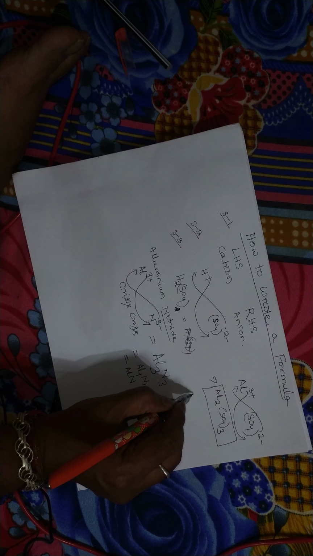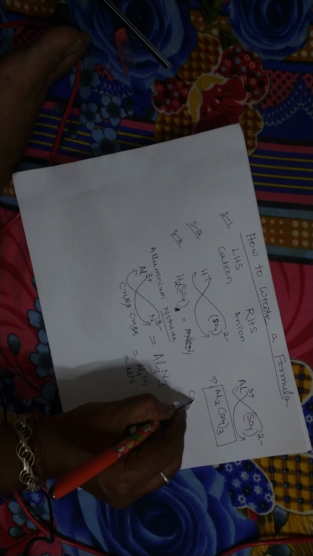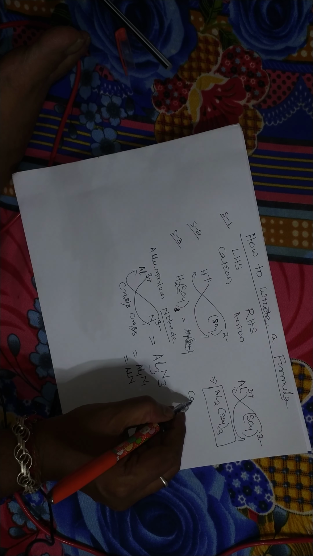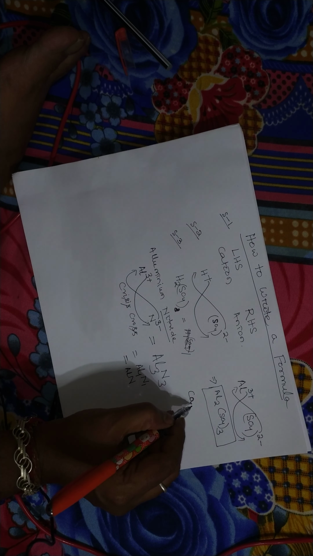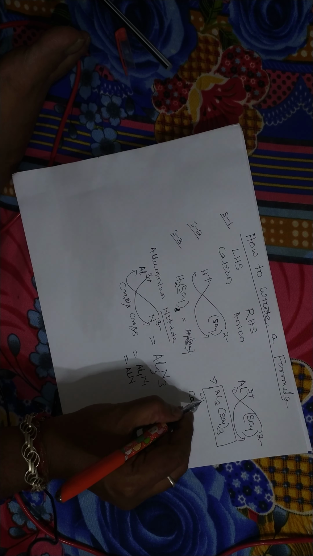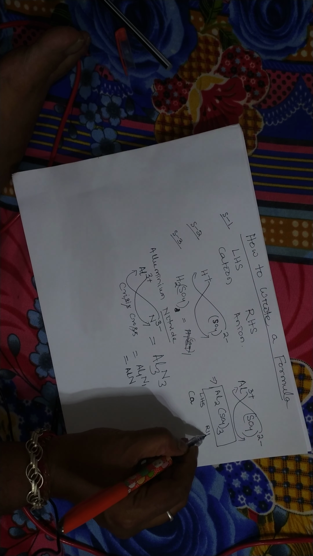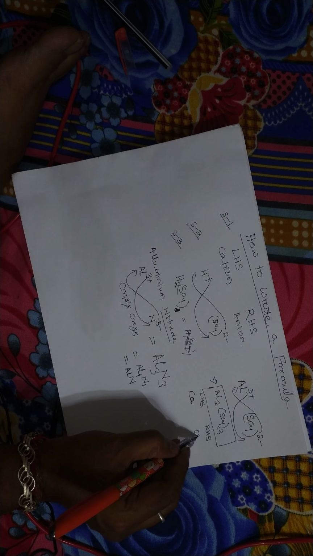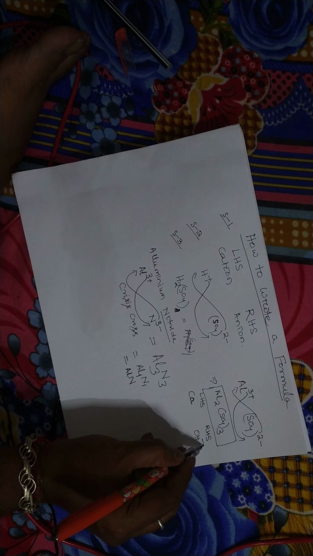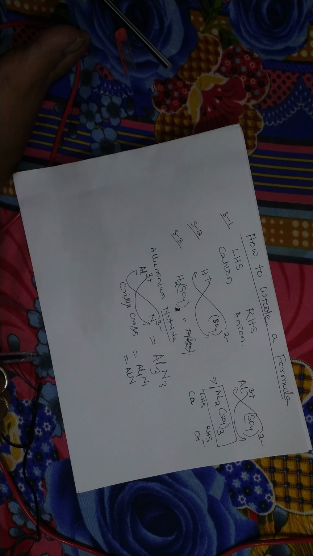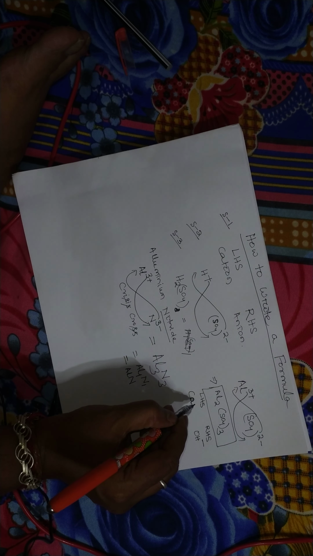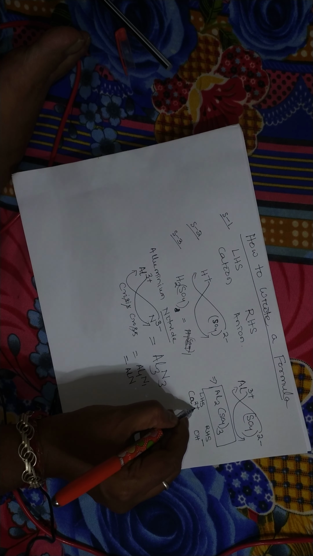Similarly, if I write calcium hydroxide, calcium hydroxide means Ca, the cation, I will write on the left hand side, and on the right hand side I will write hydroxide. Hydroxide contains 1 minus, OH minus, and Ca contains 2 plus.